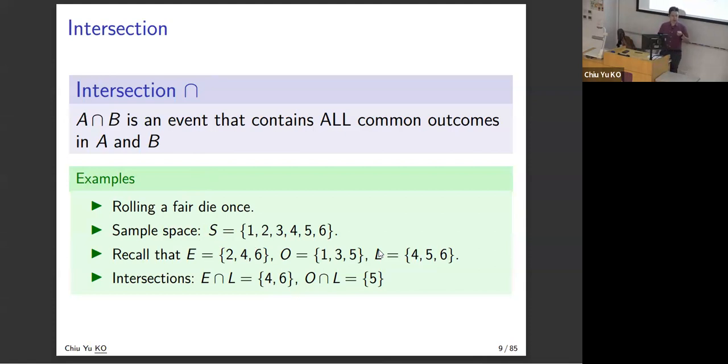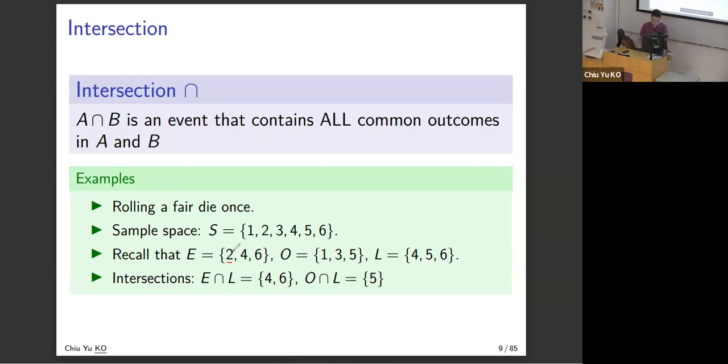Later we want to say the probability of an even number and a large number. So even and large means you have to figure out what the common elements are. The way to do the algorithm is to go through all elements in the 2 sets, everything in E and L, and see whether they are common.